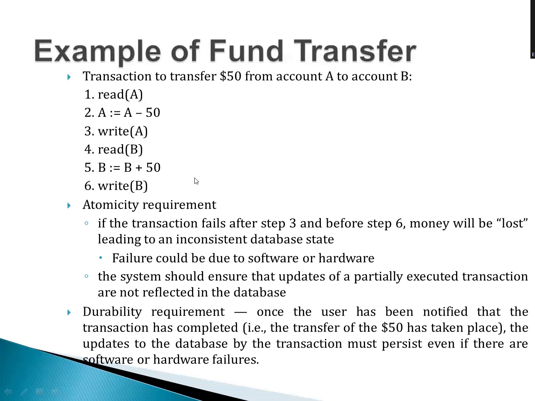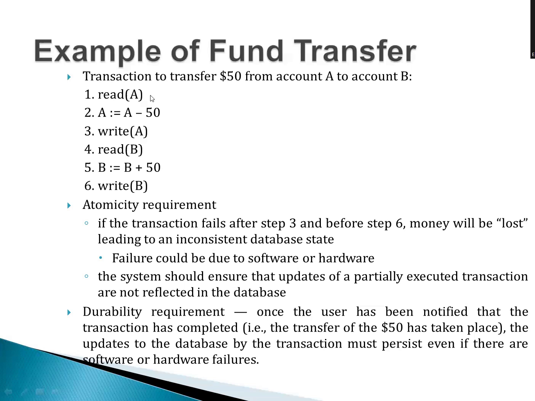And then the second property is consistency. Consistency ensures that execution of a transaction in isolation preserves the consistency of the database. This means that if the database starts in a consistent state, any transaction will take it to another consistent state. In our example, it states that the sum of A and B is unchanged by the execution of the transaction.